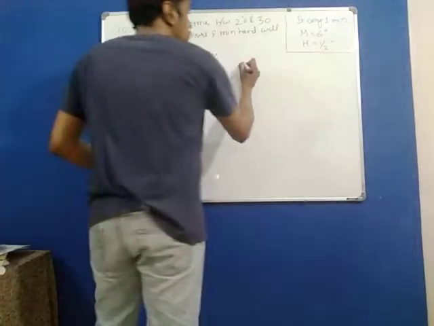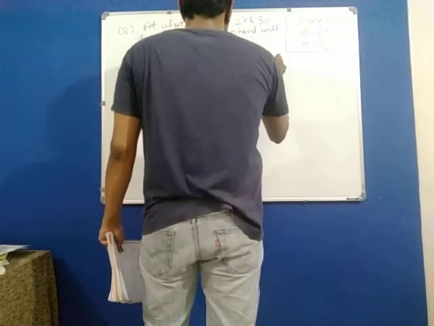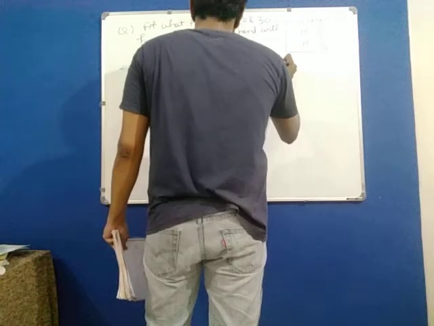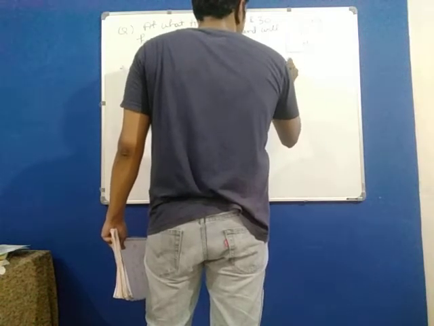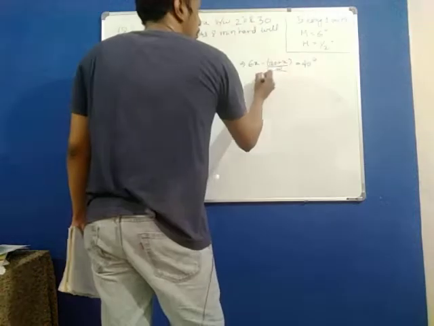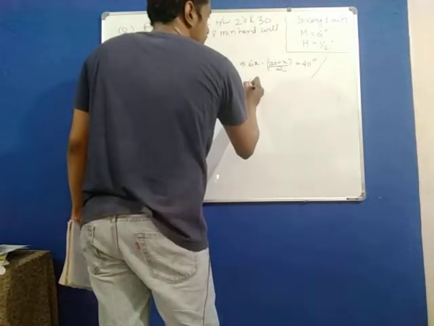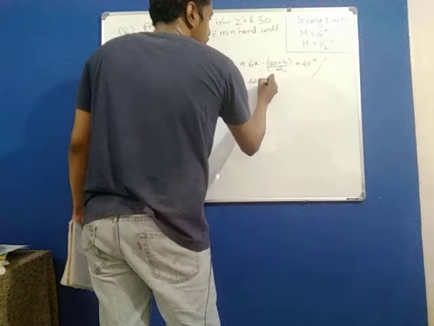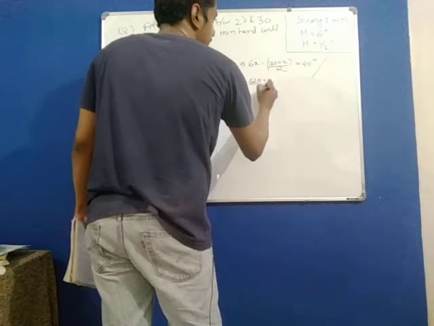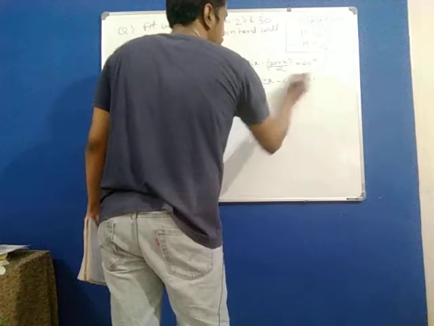So we will write down both the cases, that is either 6x minus (120 plus x) by 2 is equal to 40 degrees, or the other case that (120 plus x) by 2 minus 6x will be equal to 40 degrees.